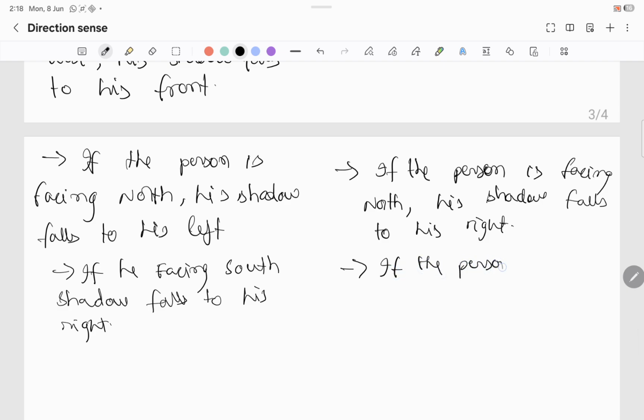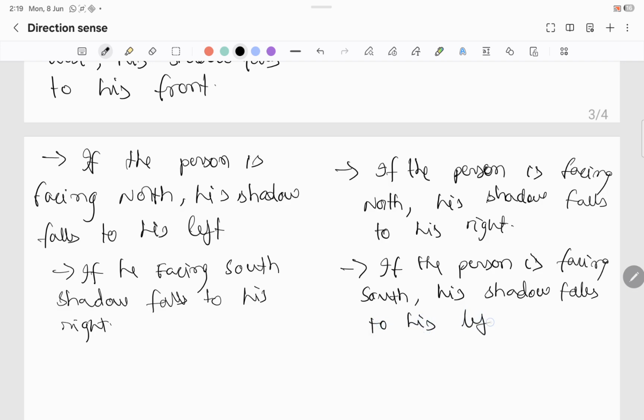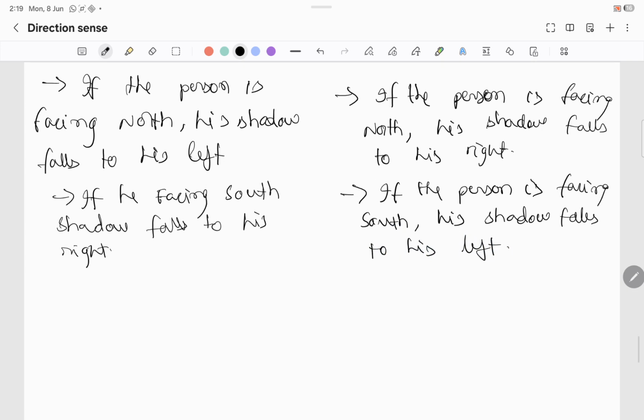If the person is facing south, his shadow falls to his left. These basic notes, if you have them, then you can solve all the questions.